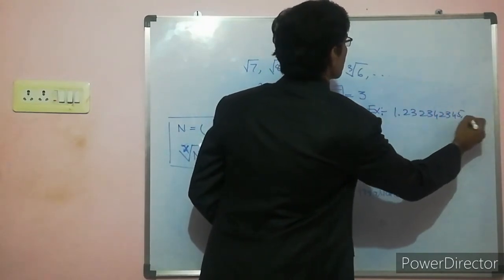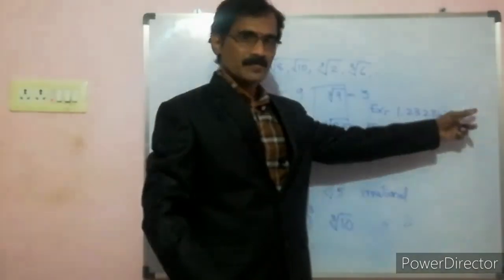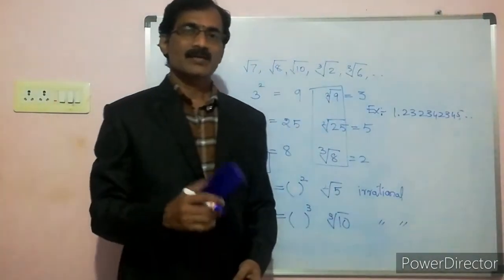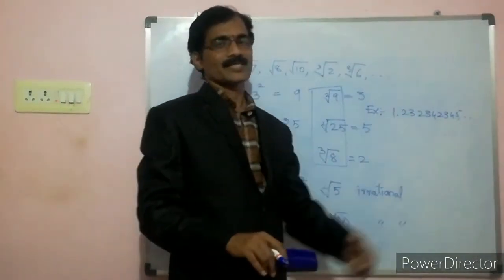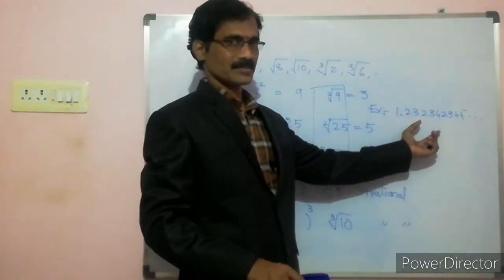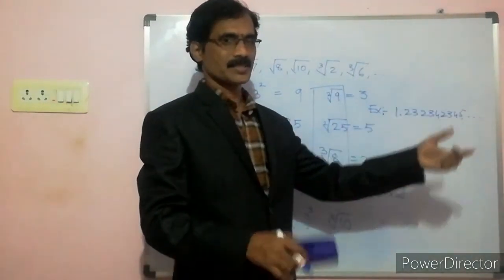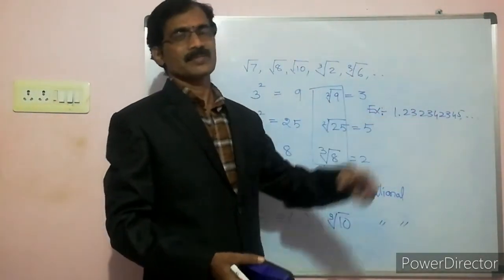Okay, in another way we can say, for example, 1.232342345, and so on. It is neither terminating nor non-terminating repeating. It does not repeat, it does not end. So we cannot use a bar here because there is no particular part repeating. So this is an irrational number.